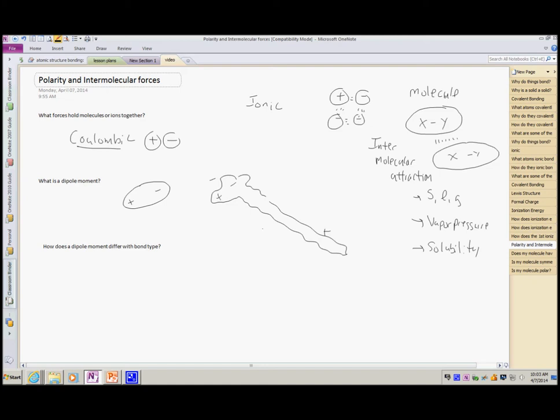Okay. How does a dipole moment differ with bond type? Again, that goes back to the fact that ionic compounds set up in crystalline structures as opposed to covalent compounds, which produce molecules. So at some point for a molecule, because it doesn't have a specific cation or anion, it has to have a region where, for some reason, the electrons are being dragged across the atom. Now, protons are in the center of the nucleus. They cannot change. Let's just say we have two atoms here that are covalently bound to each other.